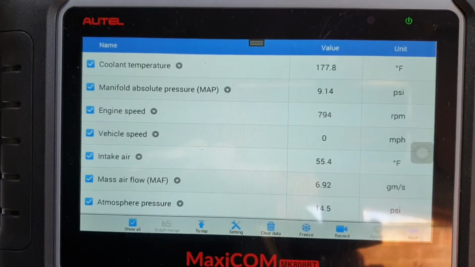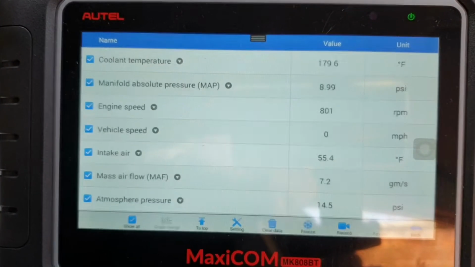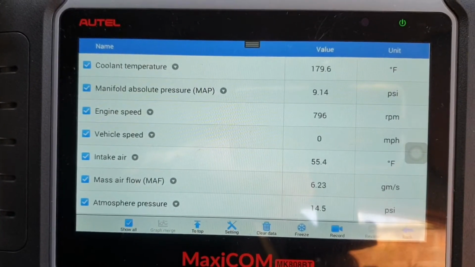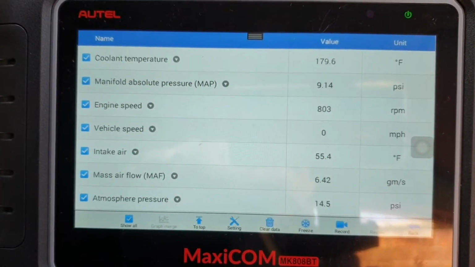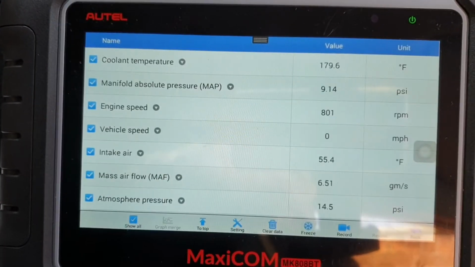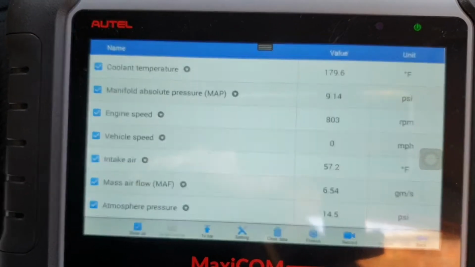So at engine idling, the manifold absolute pressure drops to 9.14.